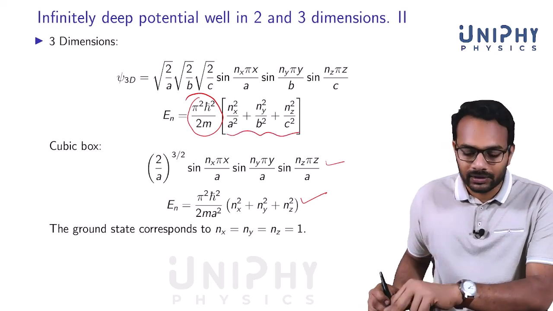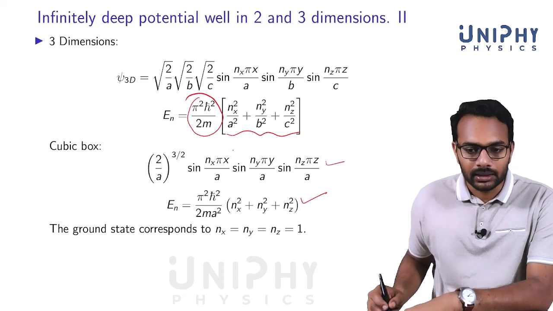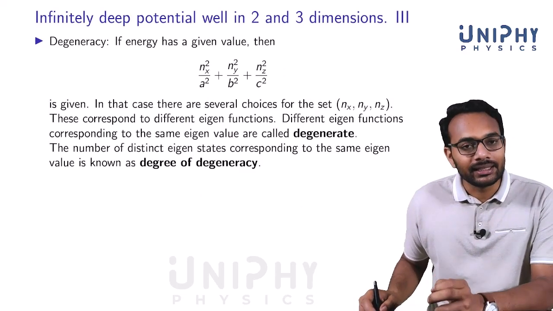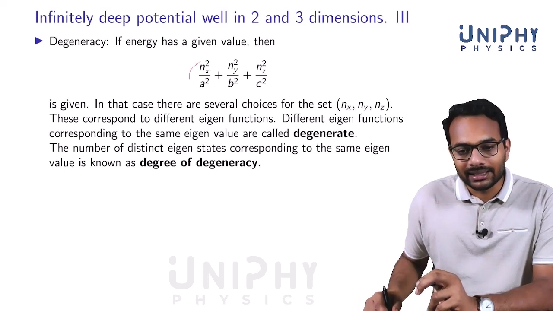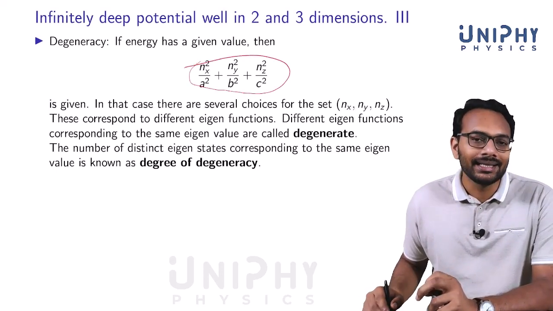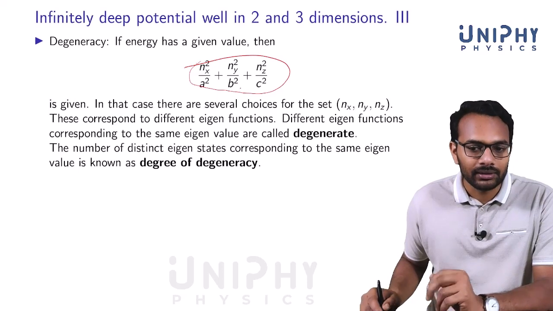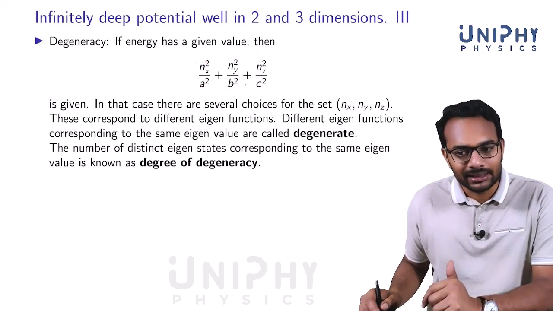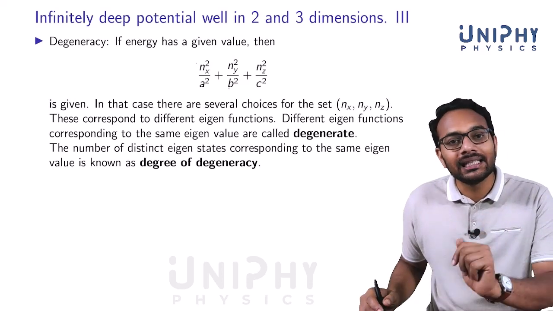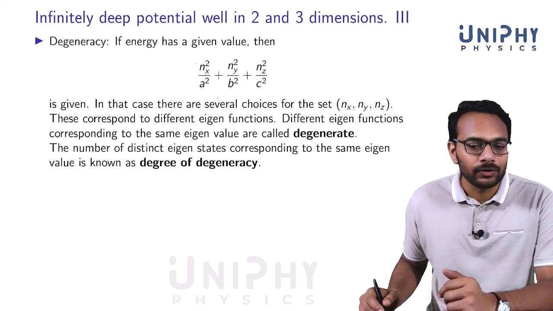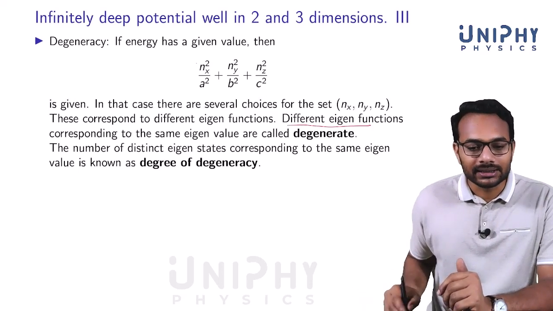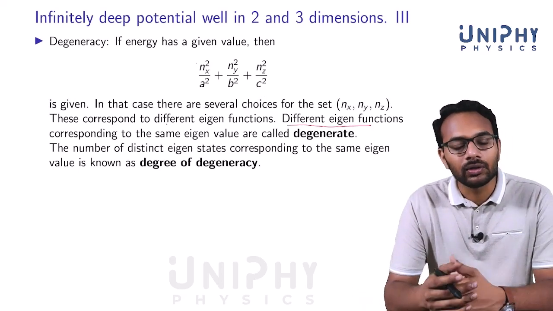But then you will see that there are different ways in which you can get that fixed value, for different choices of nx, ny and nz. You can get the same value for different choices of nx, ny and nz, and then we say that there are different states corresponding to the same eigenvalue. That's what's called degeneracy. Different eigenfunctions corresponding to the same eigenvalue are called degenerate.